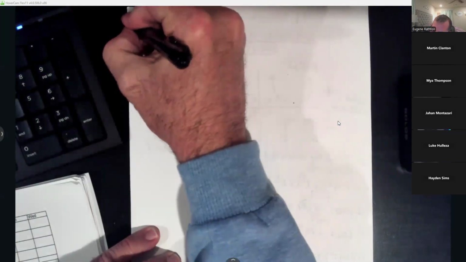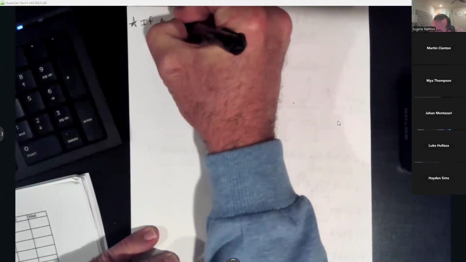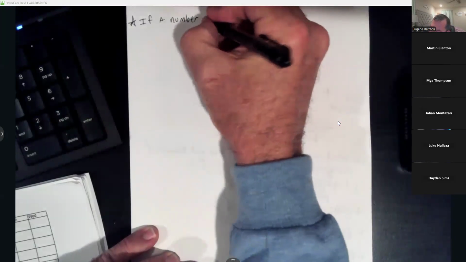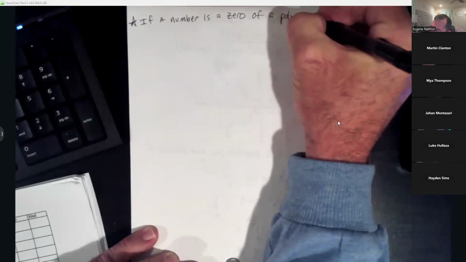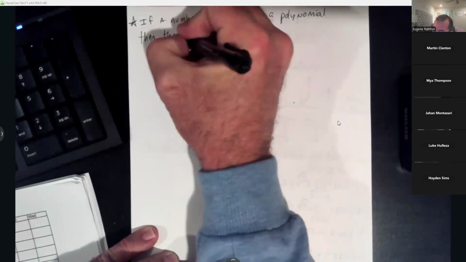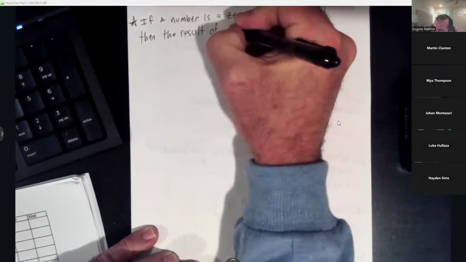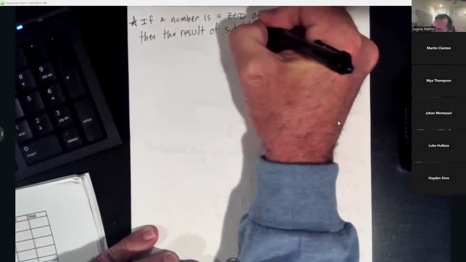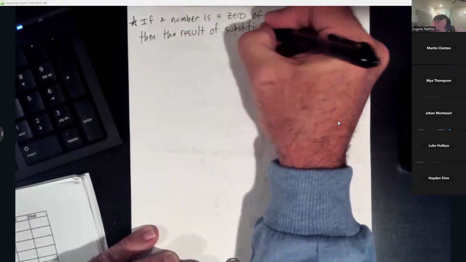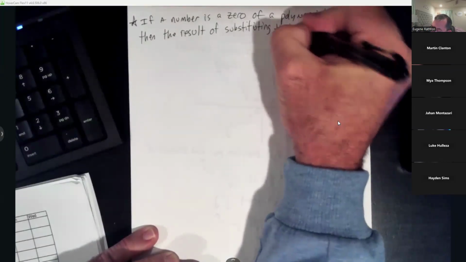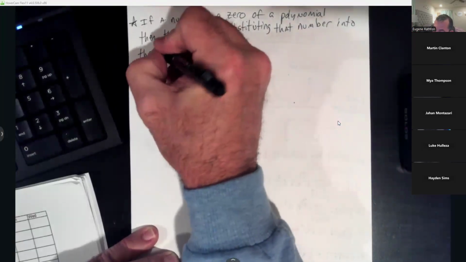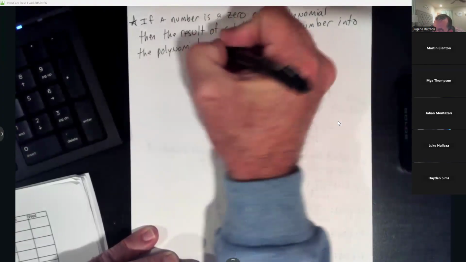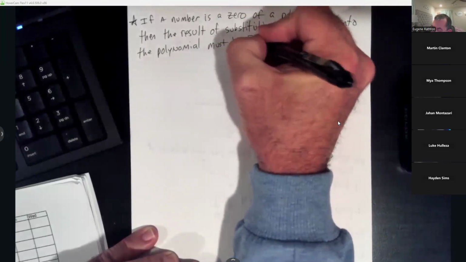Now, if a number is a zero of a polynomial, then the result of substituting that number into the polynomial must be 0.